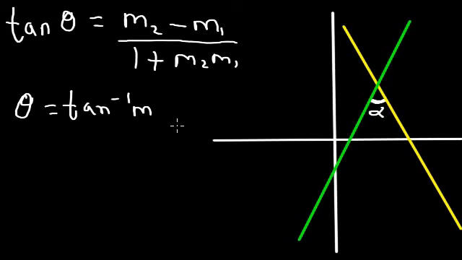Where will that angle be? Angles of a slope have to be measured in the counterclockwise direction because they must never be negative. They are always positive values, which means for the green line, the angle of the slope will be this angle, in the counterclockwise direction. Assuming it is theta 1.